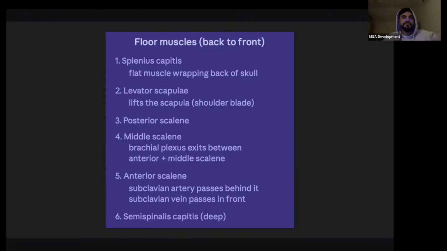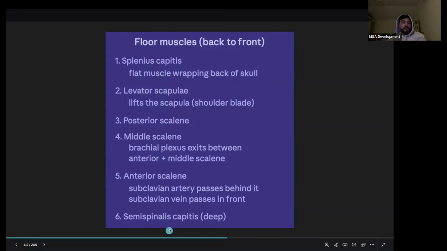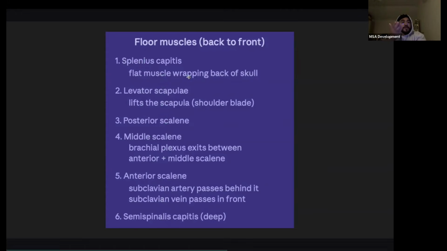All right. Now, another thing that you need to know, which is part of your objectives, is the muscles of the floor from the back to the front. And this is the order of the muscles from the back all the way to the front. So we start off most inferiorly, you have the splenius capitis, all right?